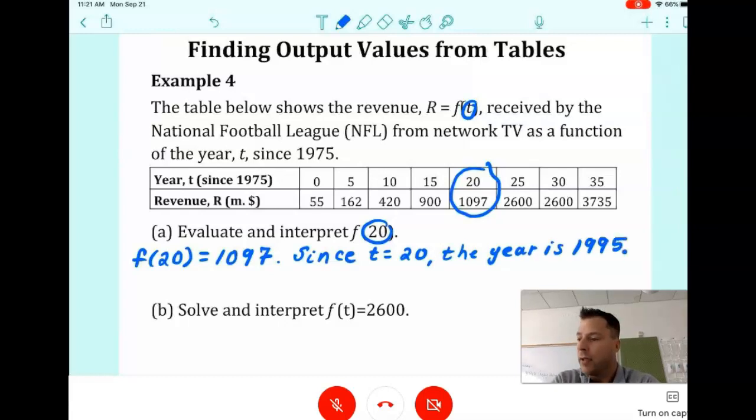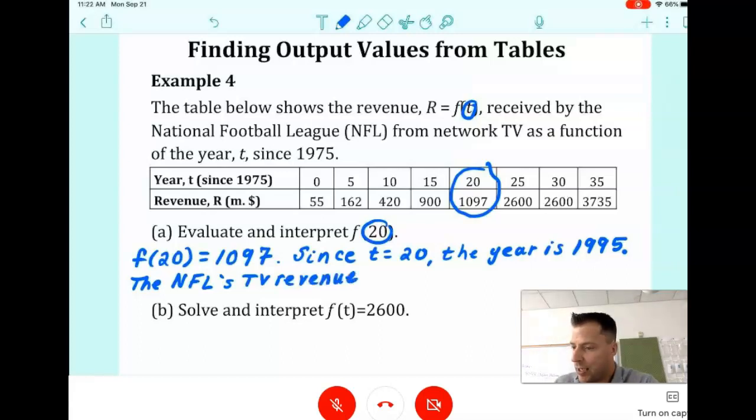And what they're saying is that the NFL's revenue from TV, so you could abbreviate the NFL's TV revenue, you could write 1,097 million, but hopefully you realize that's in the billions of dollars. That's 1,097,000,000. So that's how much money they made, which is a truckload.